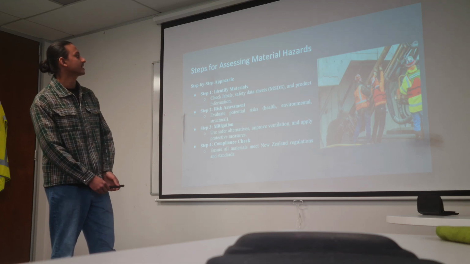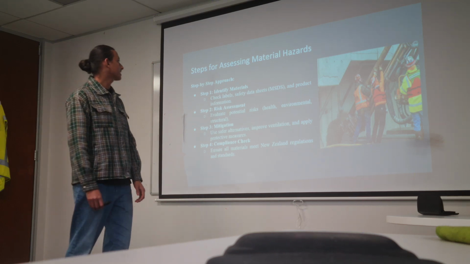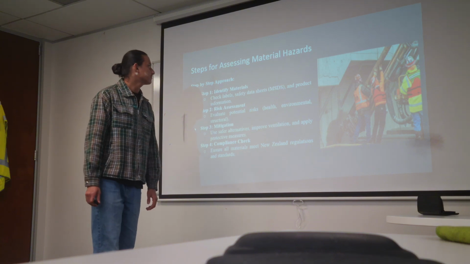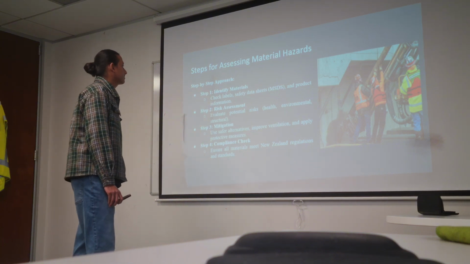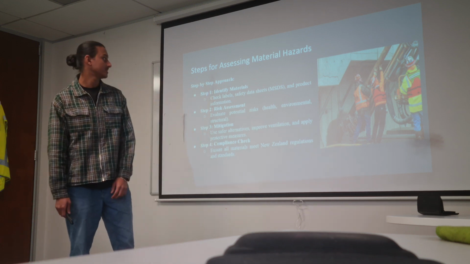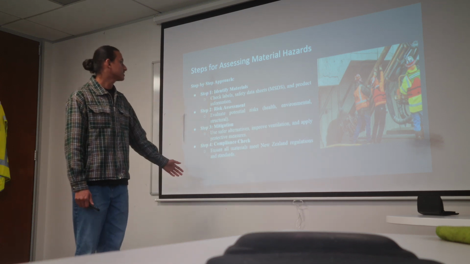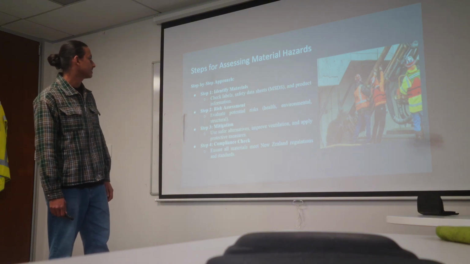Steps for assessing material hazards. Step-by-step approach. Step 1, identify materials. Check labels, safety data sheets, MSDS, and product information. Choosing material is very important, as I have already listed. Step 2, risk assessment.